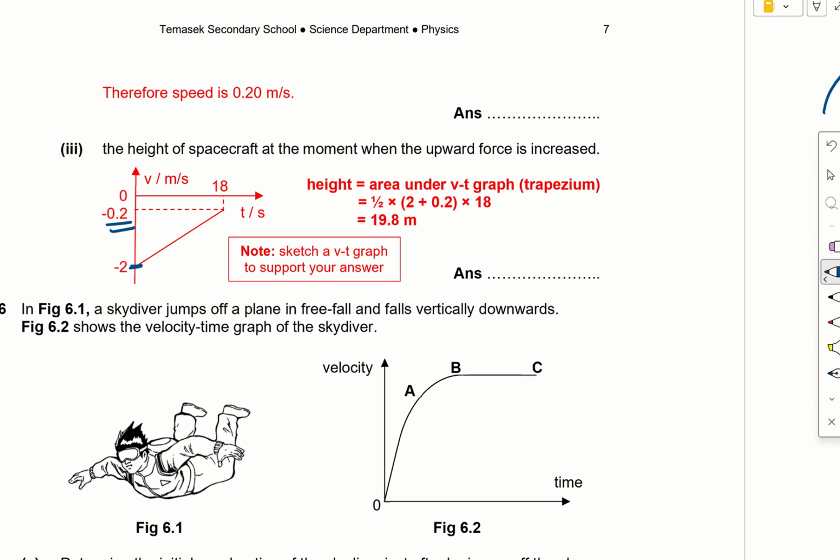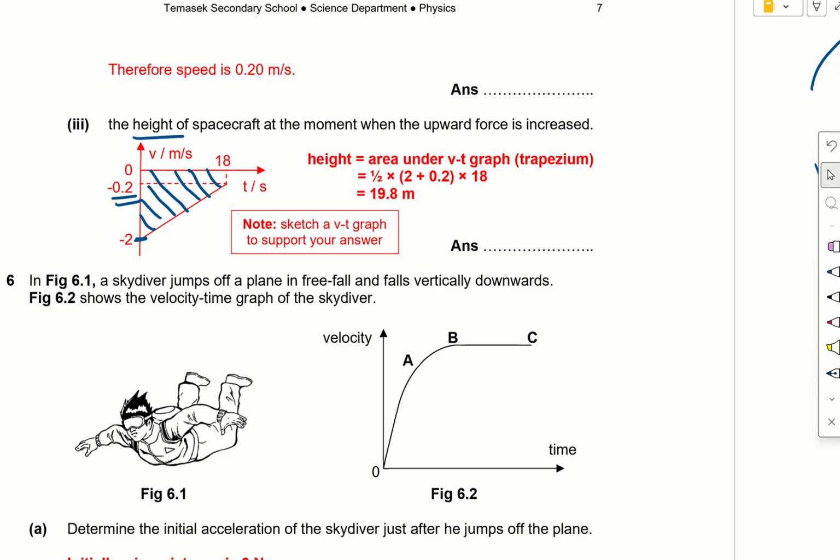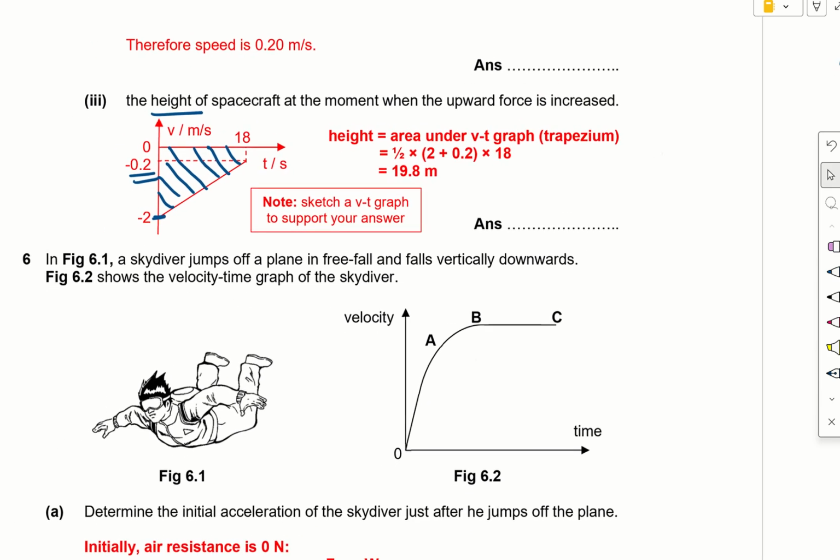Because they are finding the height, which is the distance, you can make use of your VT graph. VT graph is a very useful tool. You must learn to use this. So you are calculating the trapezium and not just the triangle. So you'll get an answer of 19.8.